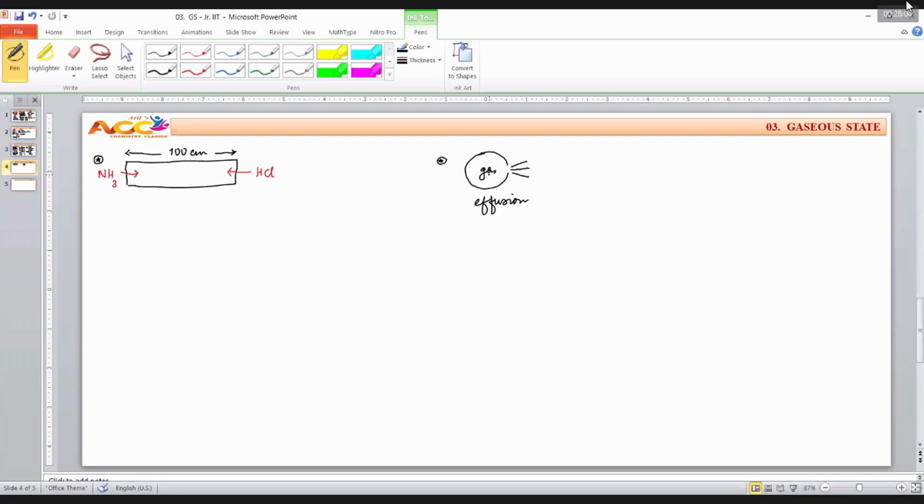If the gas is lighter, it will come out fast. I can directly apply rate of diffusion is inversely proportional to square root of density, and inversely proportional to square root of molecular mass. This is fine. But suppose I am having a mixture of gases.